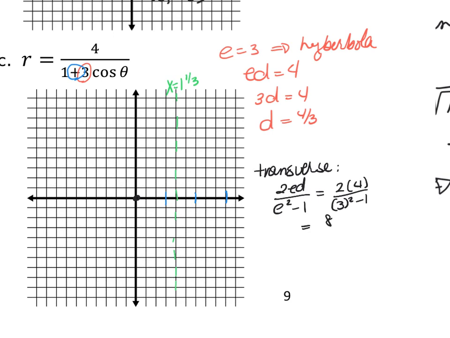So I'm going to get 8 over 3 squared, which is 9, minus 1, which is 8. So that tells me the length of my transverse axis is going to be 1. That means from the center, I'm going to go 1/2 in each direction.